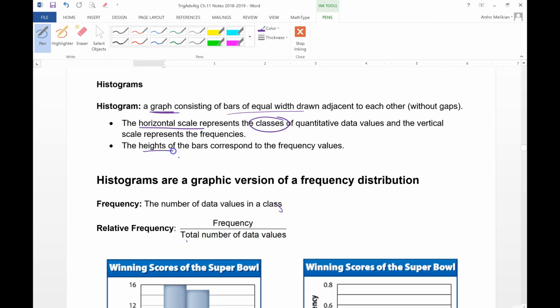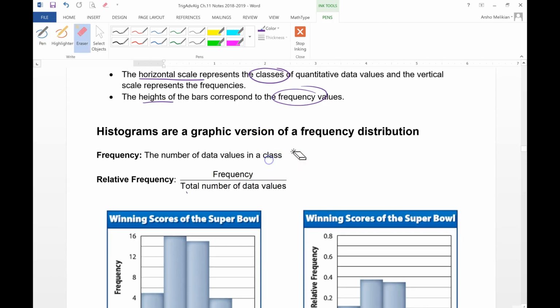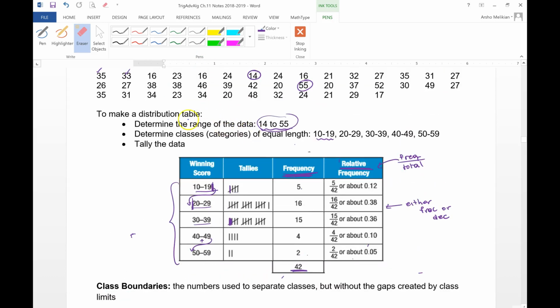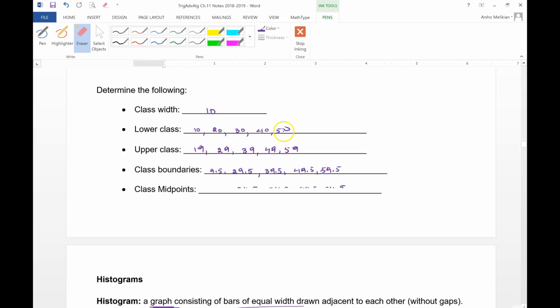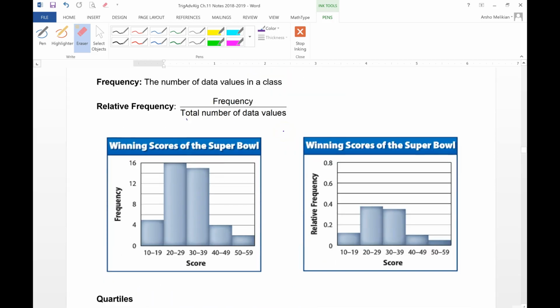The heights are the frequency values. So basically, a histogram is everything that we had in this frequency table, but a more graphic version of it.